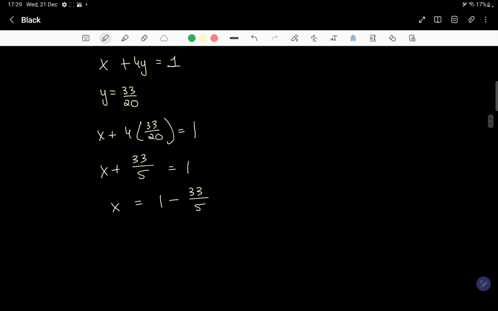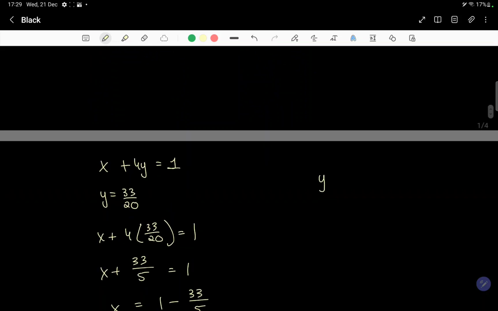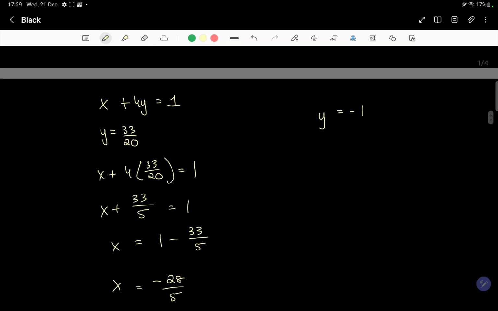So just some maneuvering going on there. We get an x value to be minus 28 over 5. So we'll do the exact same thing now with our other y value, which is minus 1.